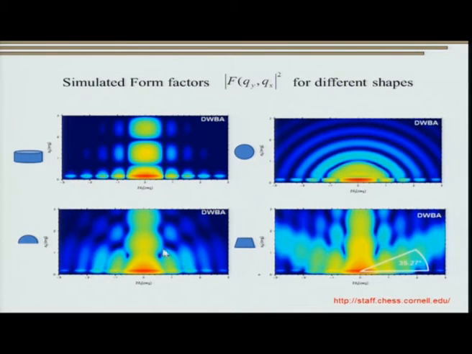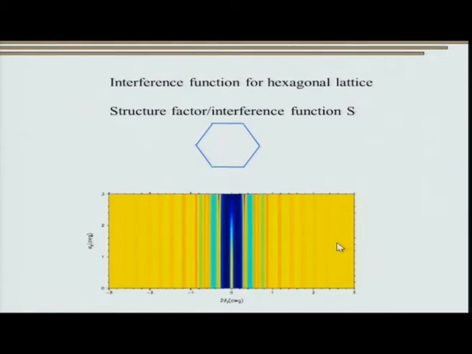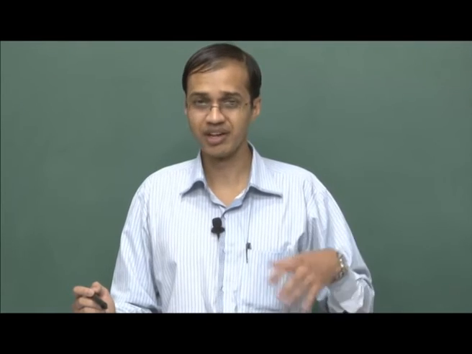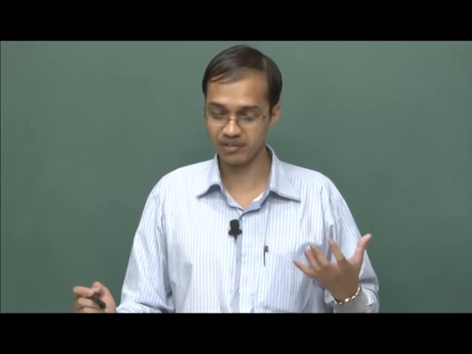You can see how different it looks, and depending on this particular form factor, we can find out the shape of the particles. At the same time, I talked about how keeping the nanoparticles in 2D can give rise to what is known as the interference function.